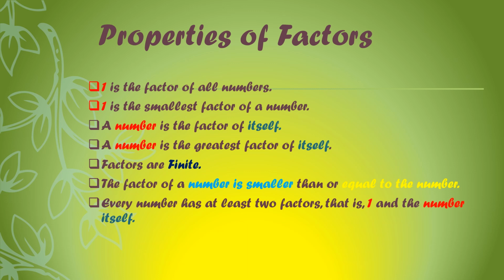Similarly, in 12, factors 1 and 12 are there, and the rest of the factors lie between 1 and 12. So, every number, whatever number of factors it has, will definitely have two factors, 1 and itself.